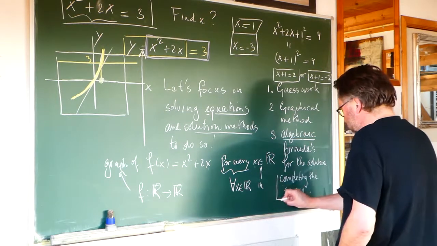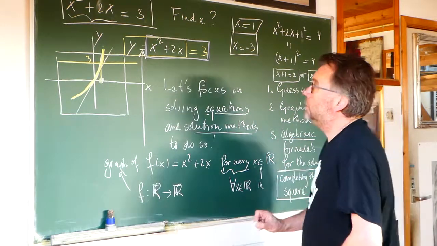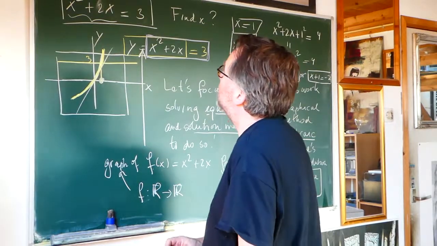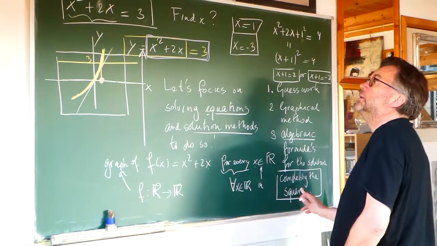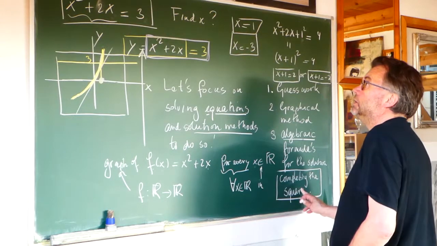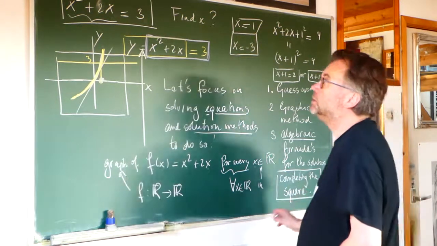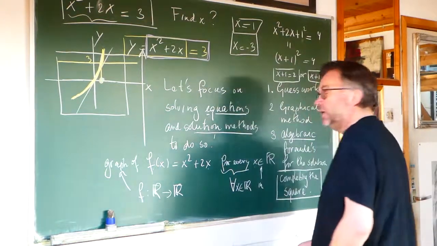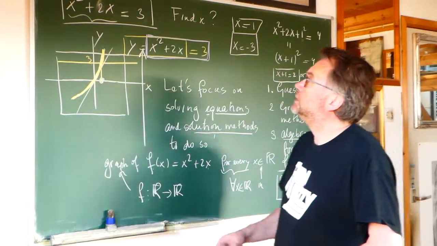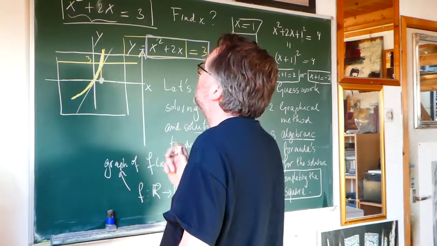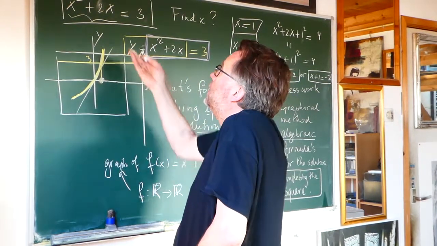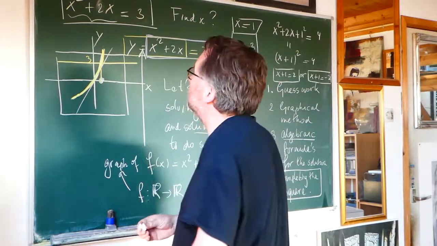So if I change my equation a little bit, this method is out of bounds. So what do I mean by changing my equation a little bit? There's a 2 here, and there's a 2 here, there's a 3 here. I could replace any of these numbers by any other number.